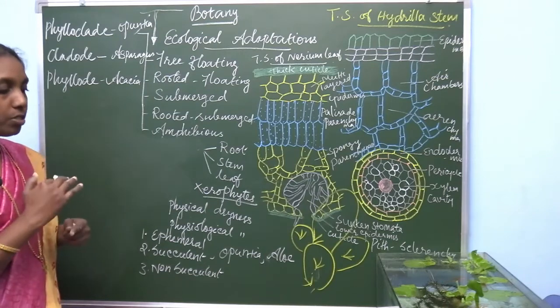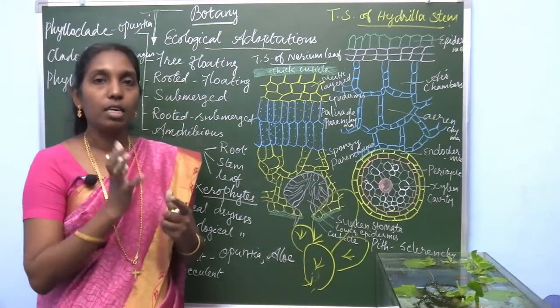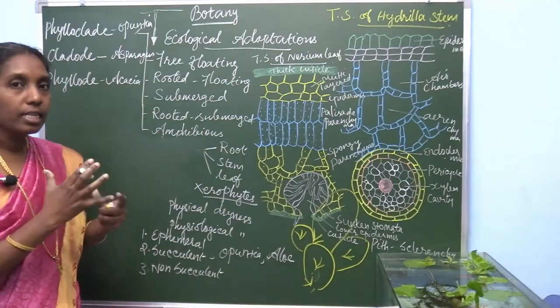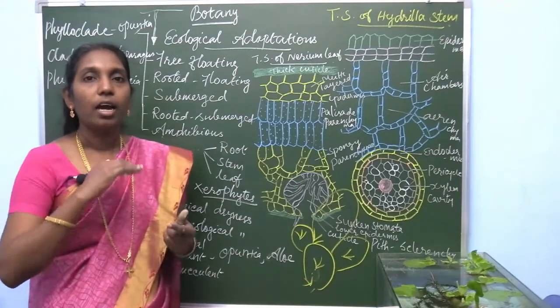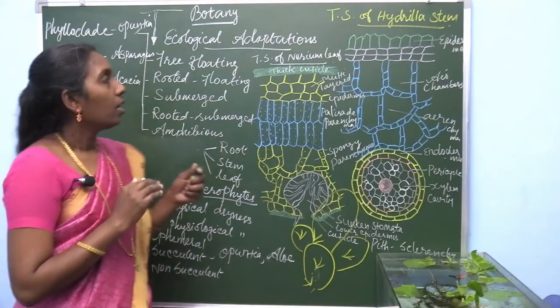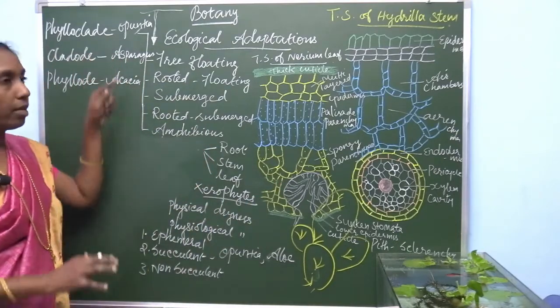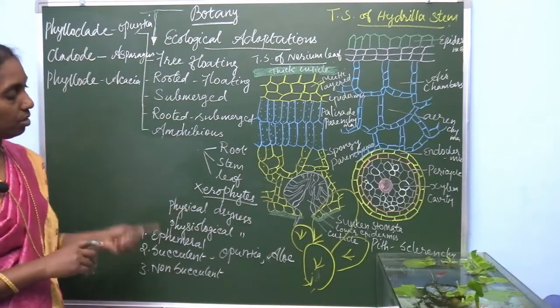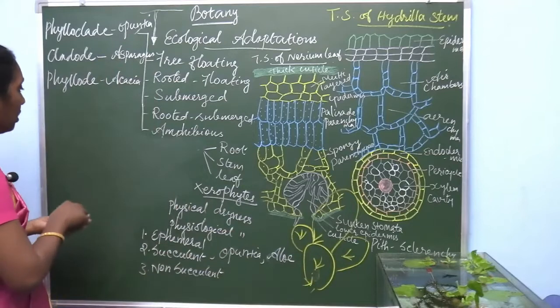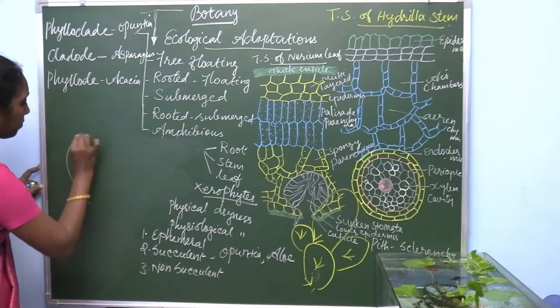The stem is thick, leathery and coated with wax. And this phylloclade, what is the adaptation observed in Opuntia?